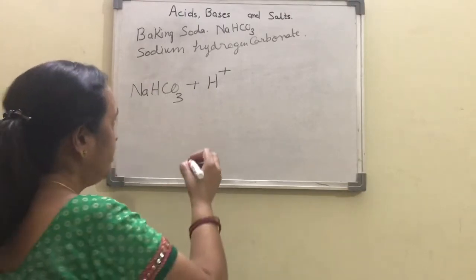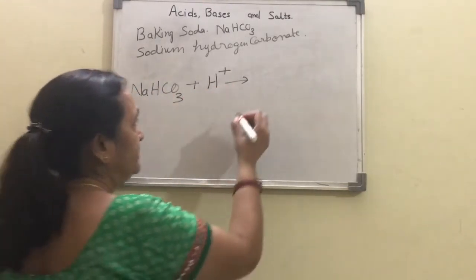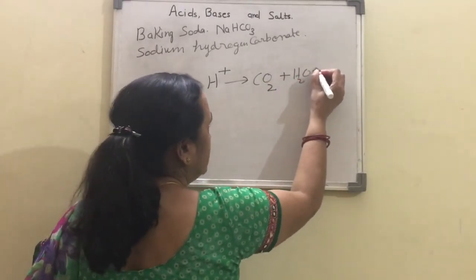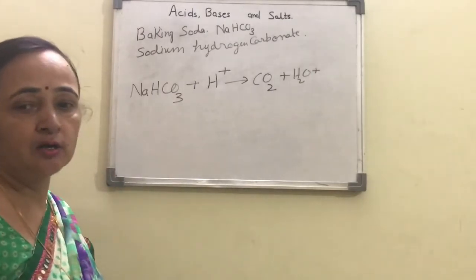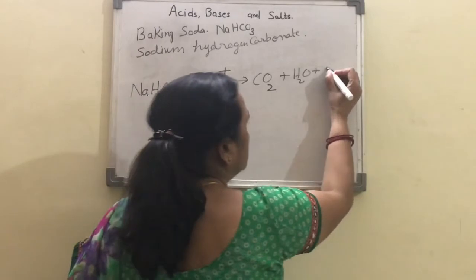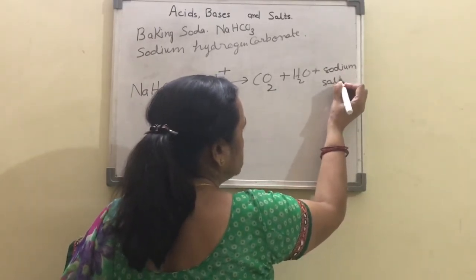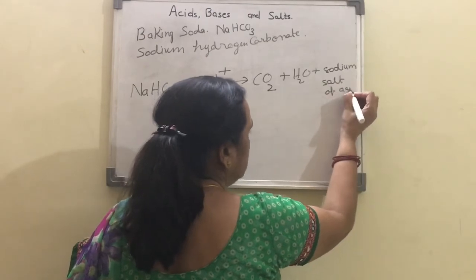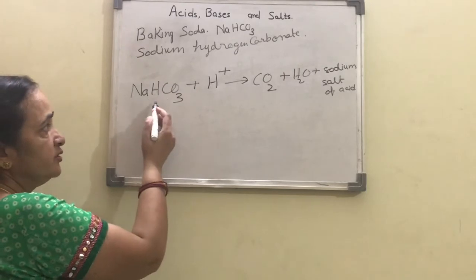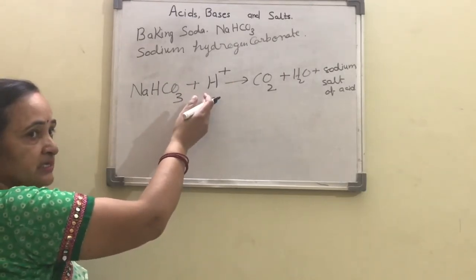So what happens is that carbon dioxide gas is formed, water is formed, and the sodium salt of the acid, whichever acid we are taking, is formed. So you can write sodium salt of acid.